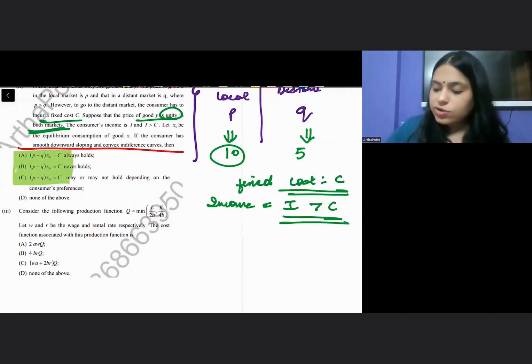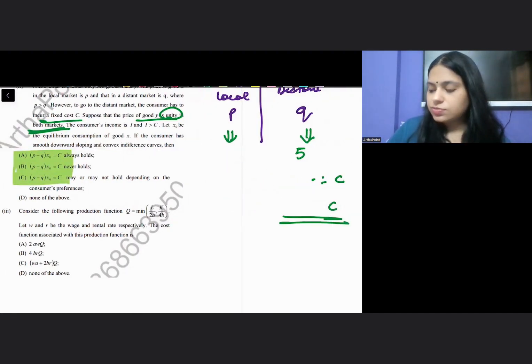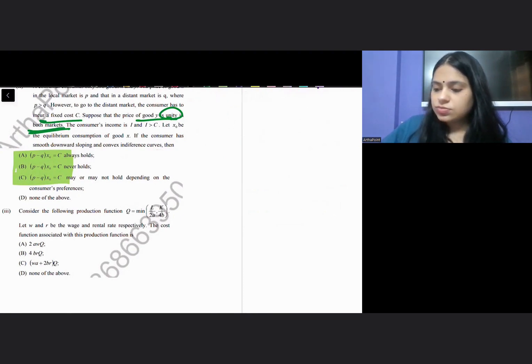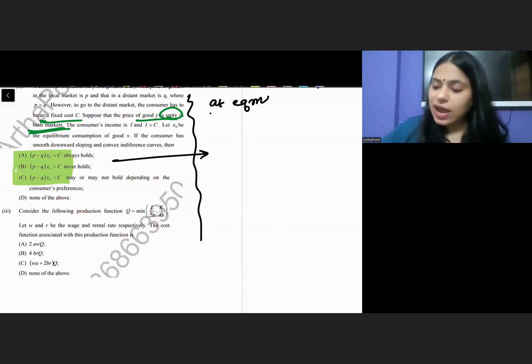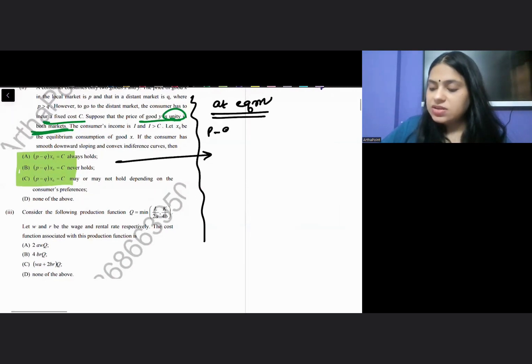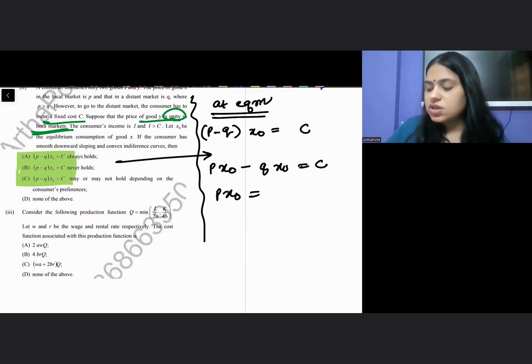If I look into this condition, it says that at equilibrium, X naught represents the equilibrium consumption of good X. So at equilibrium, P minus Q into X naught should be equal to C. So P X naught plus Q minus Q X naught is equal to C. So P X naught is equal to Q X naught plus C, right?